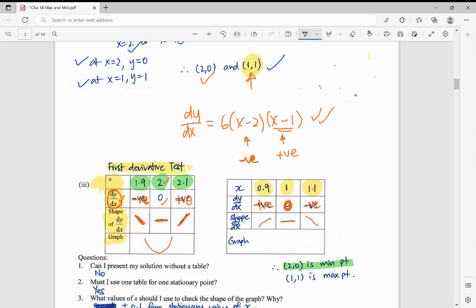With these three, I can now do a quick sketch of my graph, and it is a maximum. Hence, I can conclude that (1, 1) is a maximum point. So this is how we use the first derivative test to determine the nature of the stationary point.